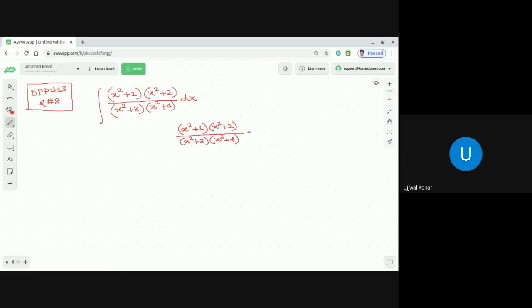If we apply that value, x square equal to t, it will be t plus 1 into t plus 2, divided by t plus 3 into t plus 4. Correct or not? Literally, let x square equal to t.